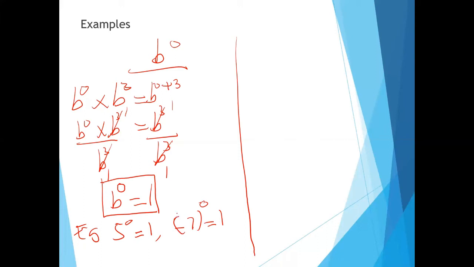Now, we also want to look at another aspect whereby we can also deal with that. So we have 5 raised to the power minus 3 times 5 raised to the power 3. That will be 5 raised to the power minus 3 plus 3.